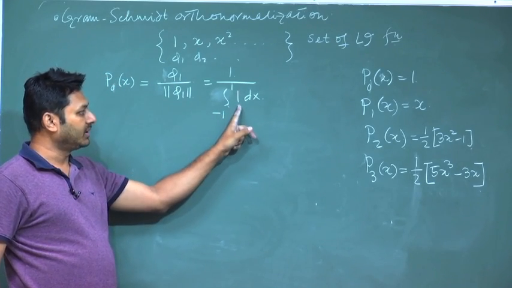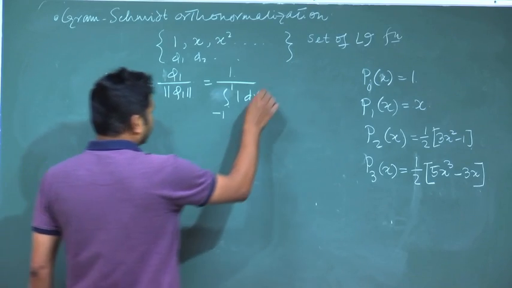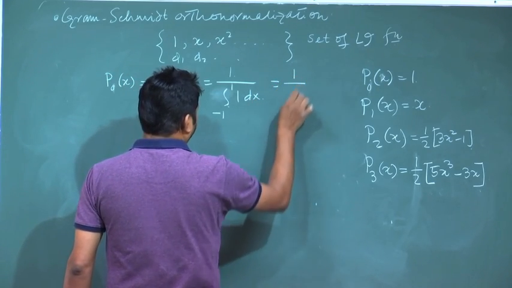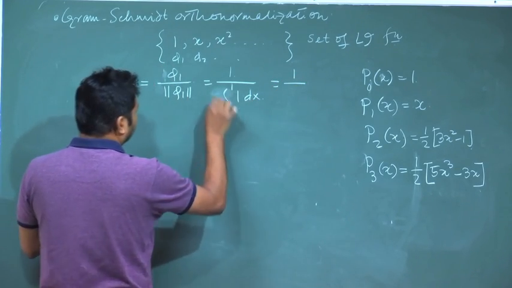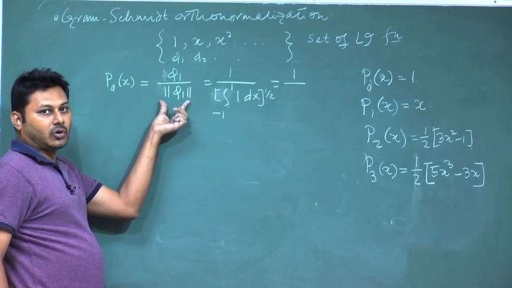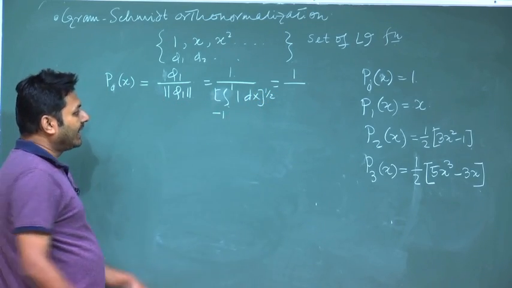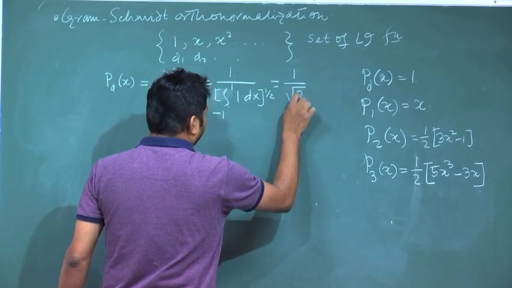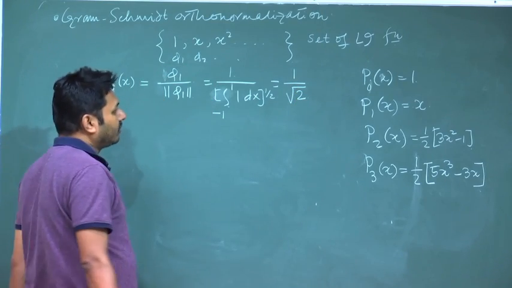So, 1 square is 1, and the square root of that integral, I am having the norm of these things. So, if I do that, it is 1 by root 2. So, my first function is 1 by root 2.